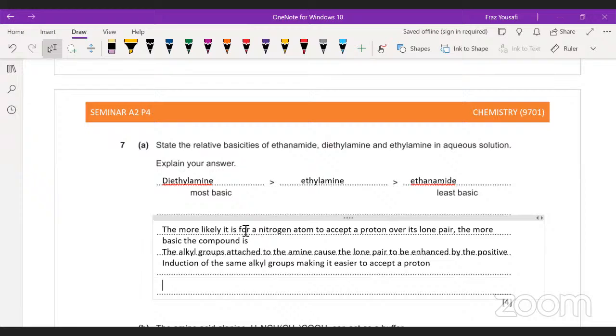We want that idea here. So this is why the two ethylamines are going to be more basic than your actual ethanamide.